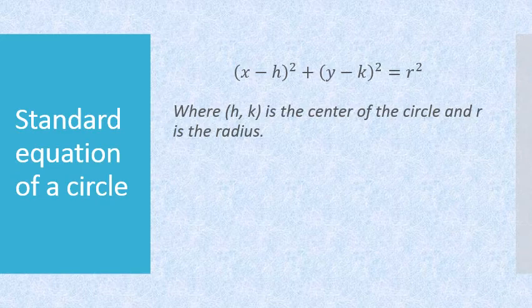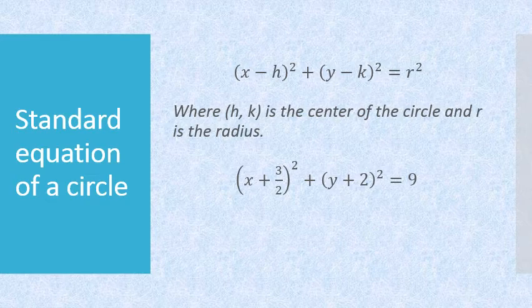Okay, from our previous example, we determine that as we transform the general form of the equation, the standard form of equation is given as quantity x plus 3 halves squared plus quantity y plus 2 squared equals 9. Kung susundin natin itong equation dito, itong nandito sa right side will be the value of your r squared.